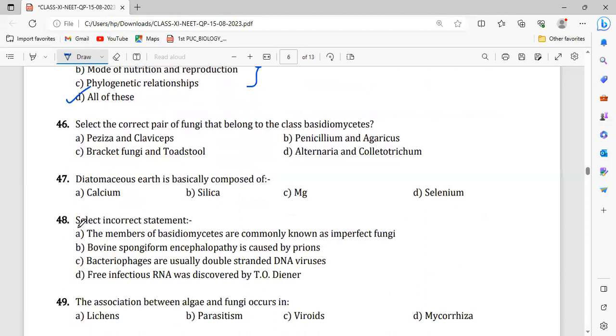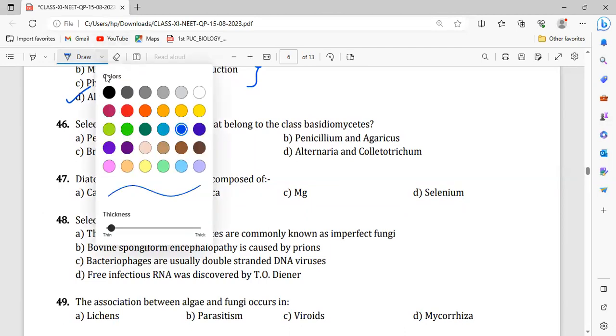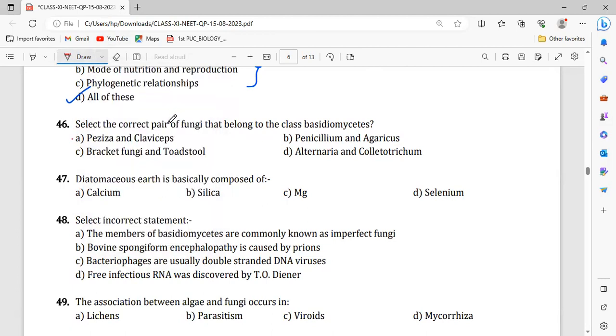Select the correct pair of fungi that belong to the class Basidiomycetes. So here what we'll do, first let's assign to which group they belong to. So here Peziza and Claviceps both belong to Ascomycetes.